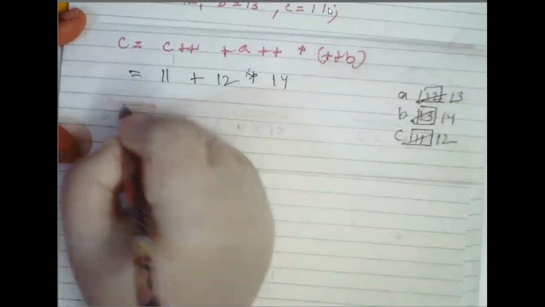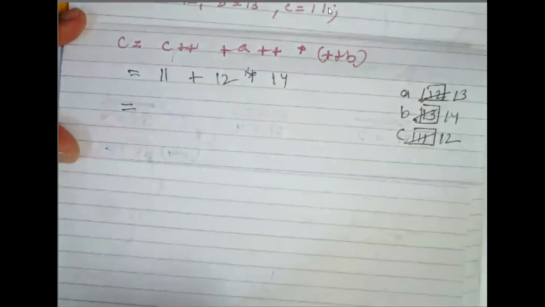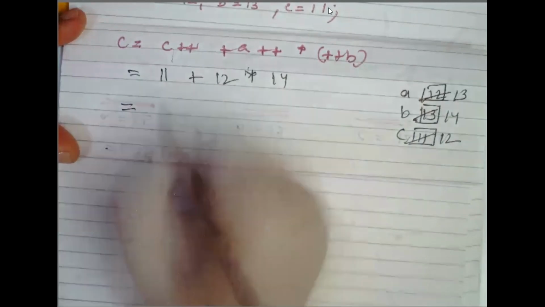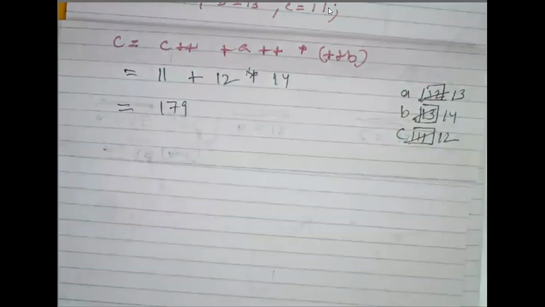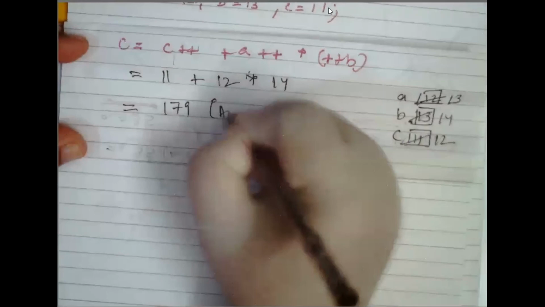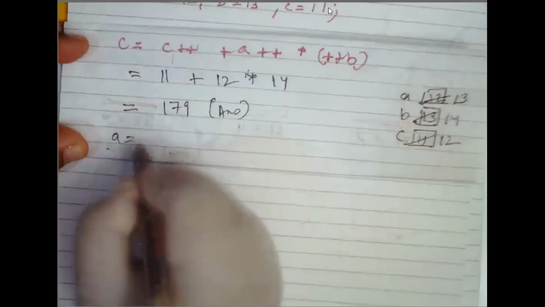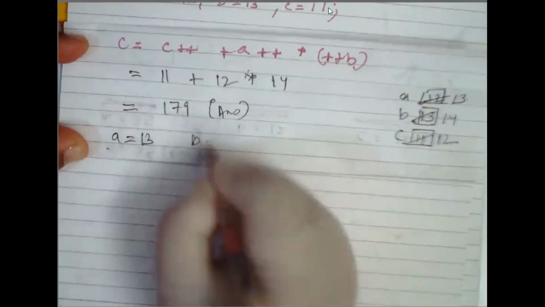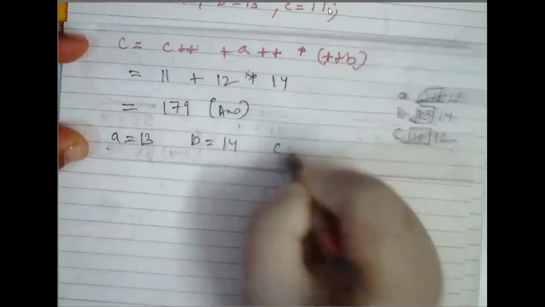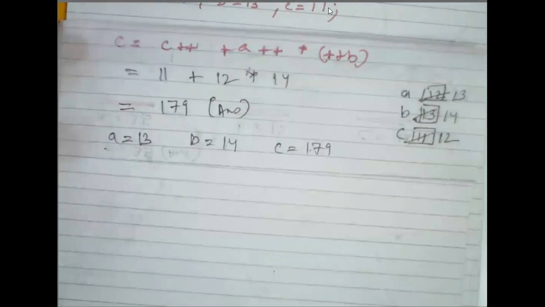So the resulting answer that I'll be getting for C is 179. When you multiply 12 by 14 and add it to 11, I'll get the answer of C to be 179. But what was the last value of A I have got? A will be now 13, B is 14, and C will have the expression value, that is 179.